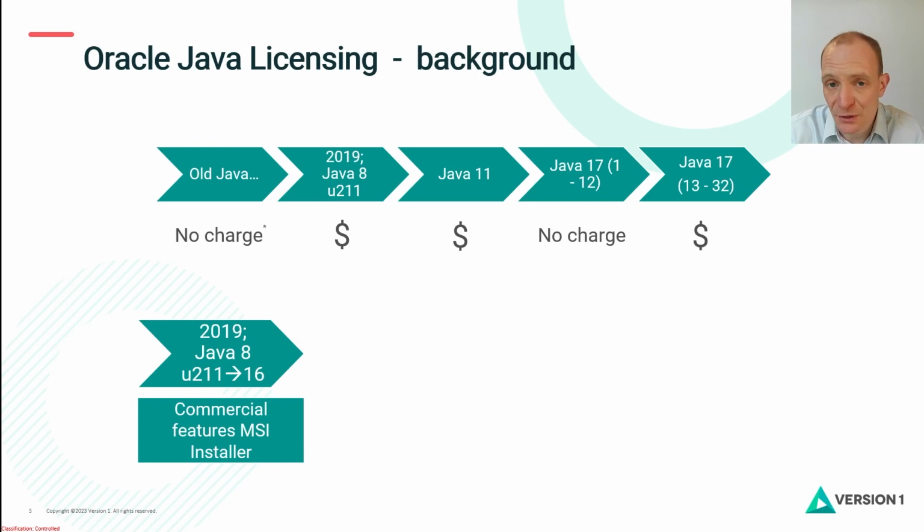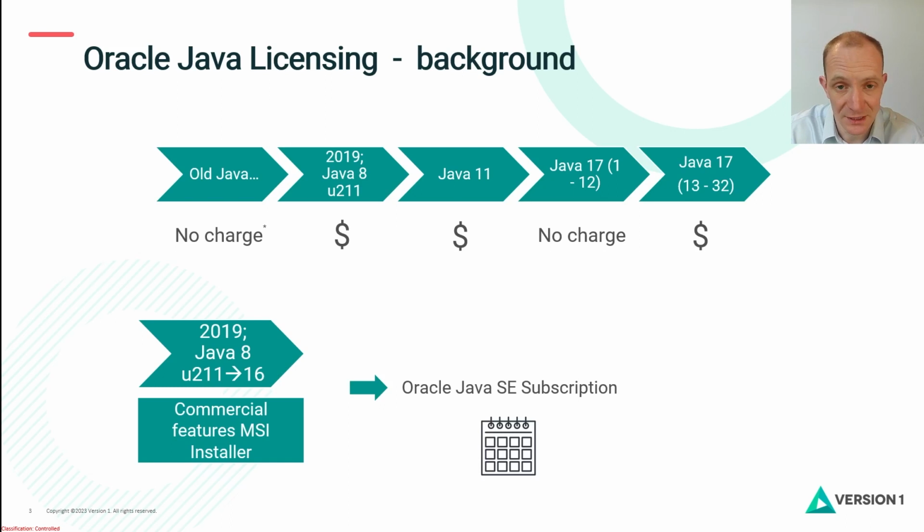So people got used to this mechanism. They understood that if they had certain versions of Java or if they were using commercial features, then they would need to have a subscription in place. And that subscription was done on a periodic term, usually on a yearly basis with a year's renewal. Could be done for multi-years as well if possible.